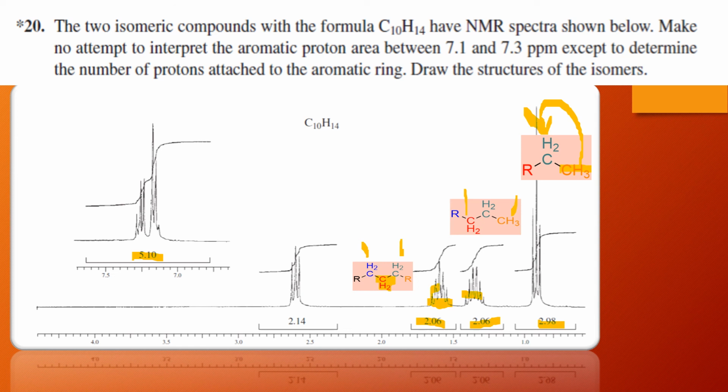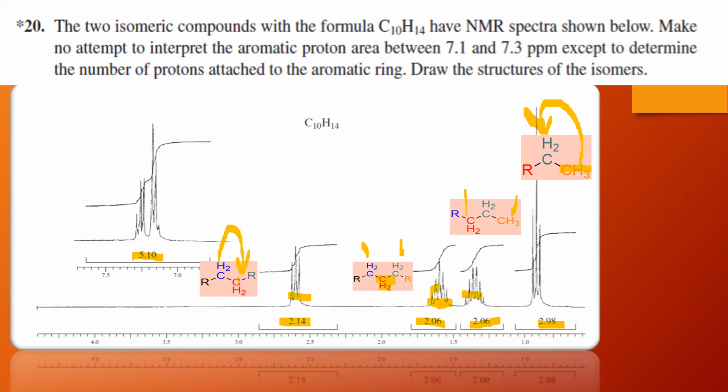The integral value is 2.14, which means that there are 2 protons, and these 2 protons are giving us a triplet, right? So this is CH2, and it is attached to the CH2, which is giving us a triplet, right?